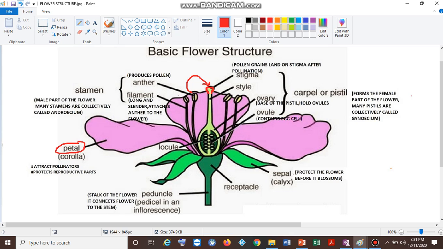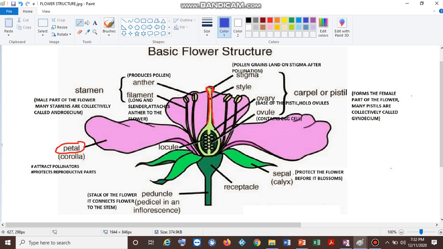Stigma is further joined by a long stalk which is known as style, this one. The function of style is to connect stigma to the base part which is called ovary.